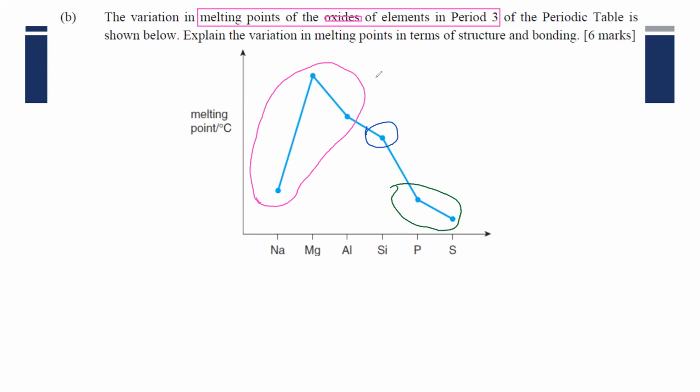So you must know very clearly what the intermolecular forces are between them. These are giant ionic crystal lattices, and then SiO2 is a giant covalent structure, whereas phosphorus and sulfur oxides are simple covalent molecules.